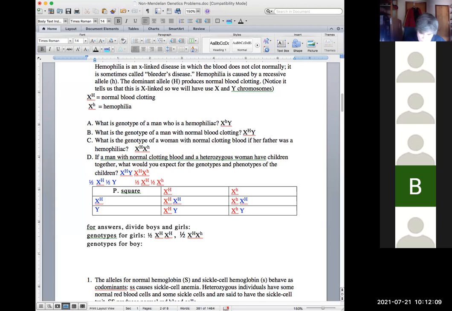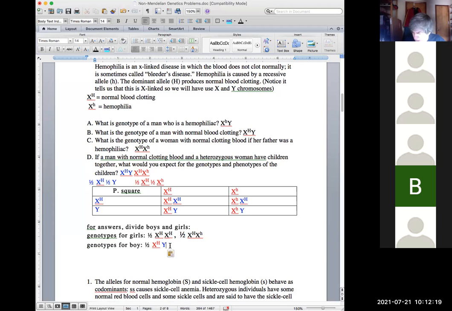Now, what are we going to get for the boys? For the boys, half of them are X big H Y, half of them are X little h Y. And I mentioned you could use percentages, so you could use 50% or something if you would rather, but you do have to have some indication of what part of the offspring get each genotype and each phenotype.